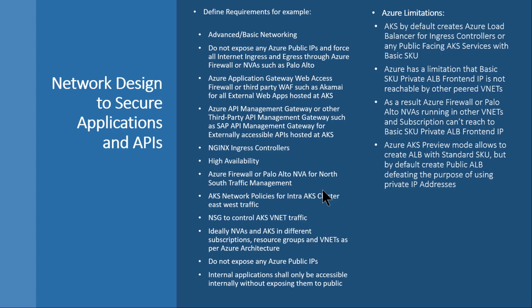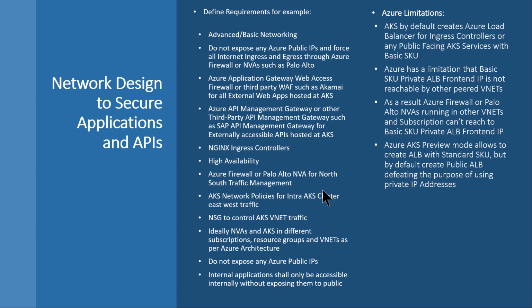You need to also look into your web access firewall, where and how you would be using it. Is Application Gateway offered by Microsoft, which can also add web access firewall capabilities, a proper solution for you, or do you need to think about a third party web access firewall such as Akamai, right?